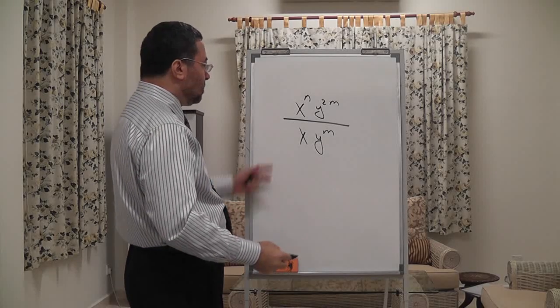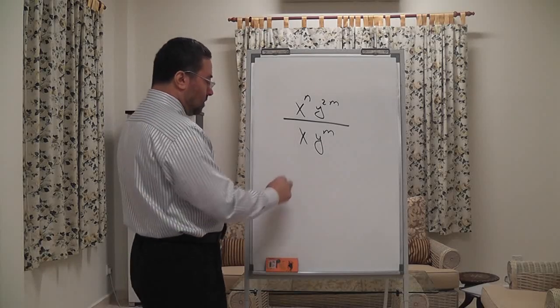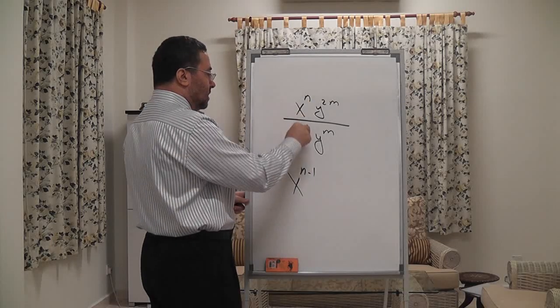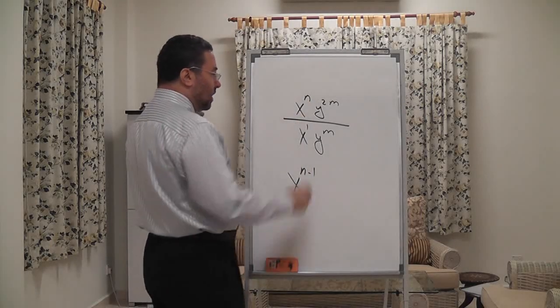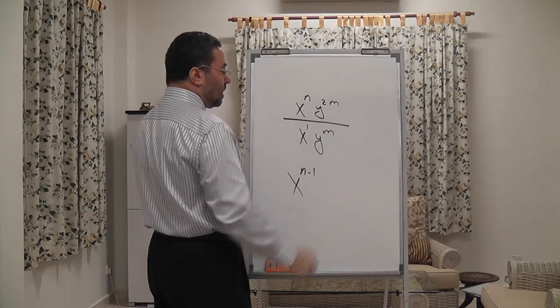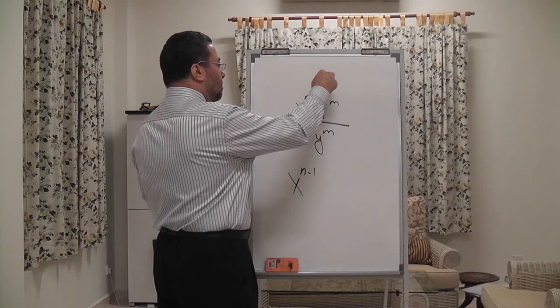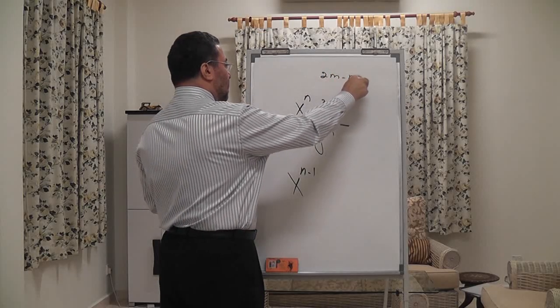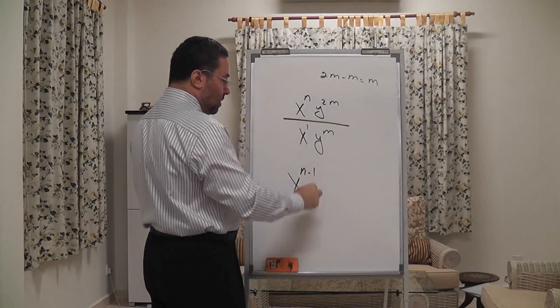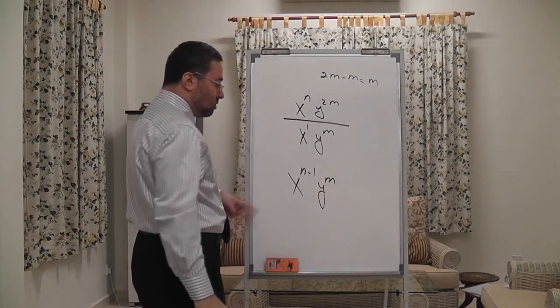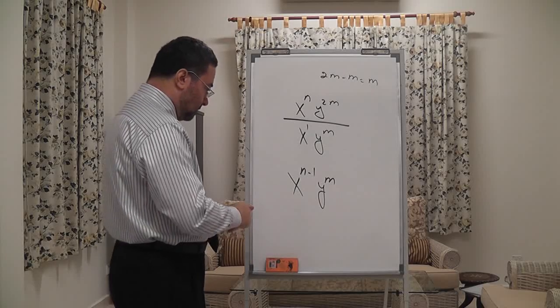Again, we apply the rule, so we are going to get x raised to n minus 1, this minus this, here we have a 1. And y raised to 2m divided by y raised to m, we minus 2m minus m, and we get m, and that will be in the numerator, and the answer will be like this.